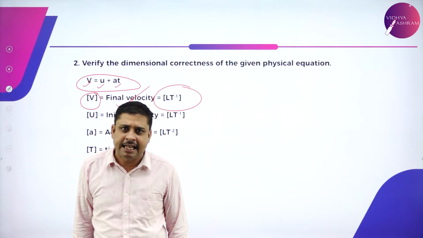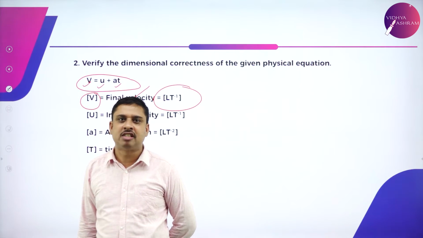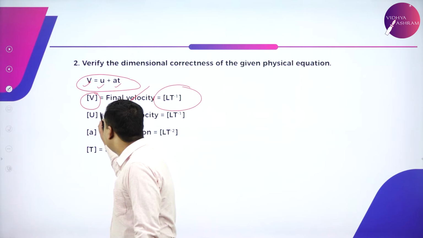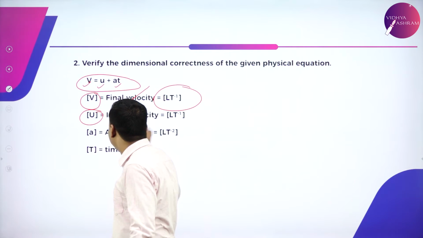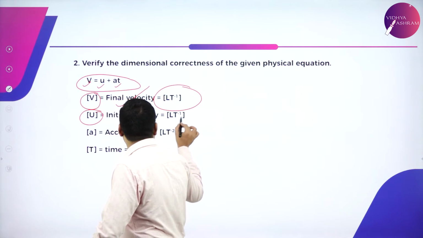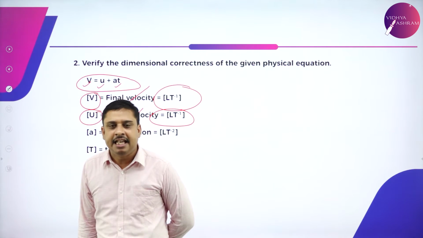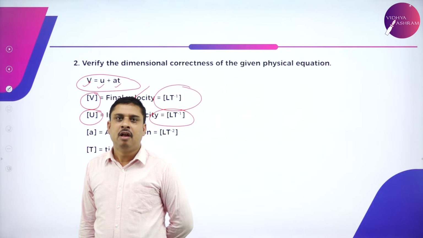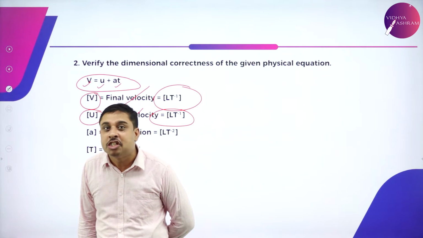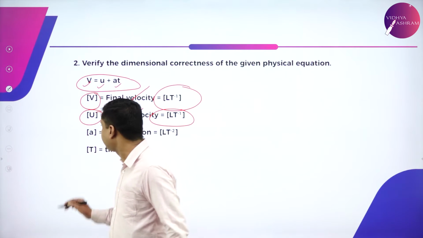Next, U, initial velocity. What is its dimensional formula? Again, LT minus 1. Either initial velocity or final velocity, they have dimensions of velocity, LT minus 1.